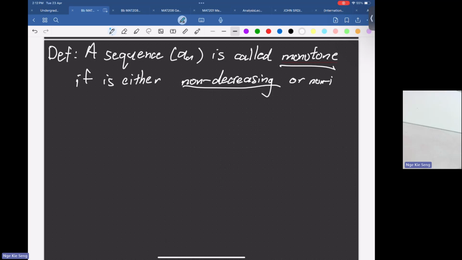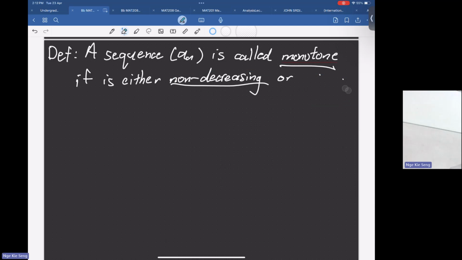But what do these two words mean? Okay, what do these two words mean?